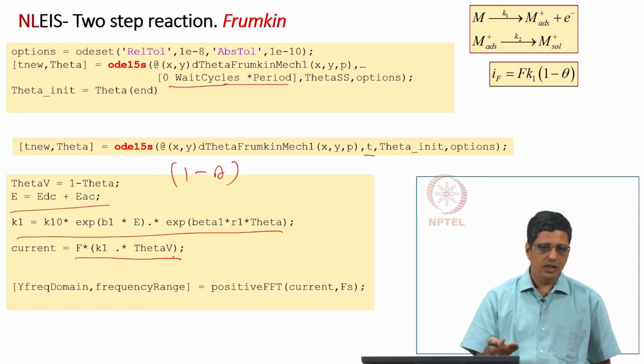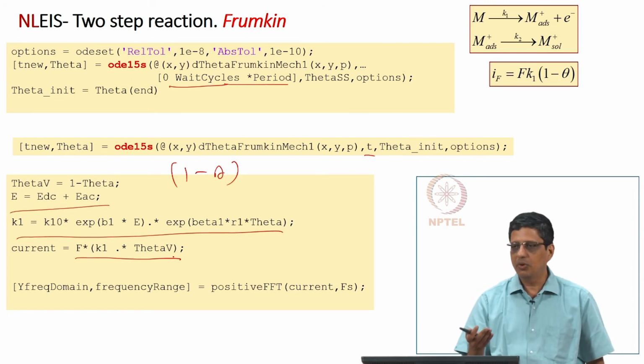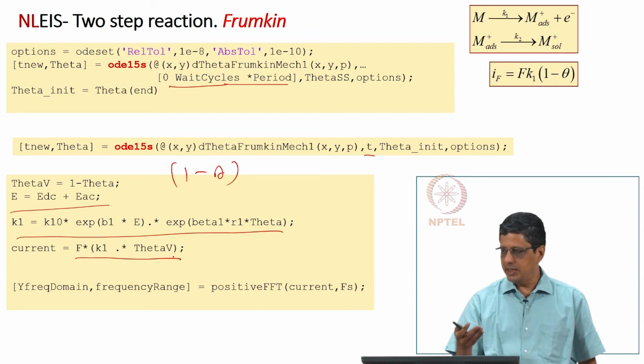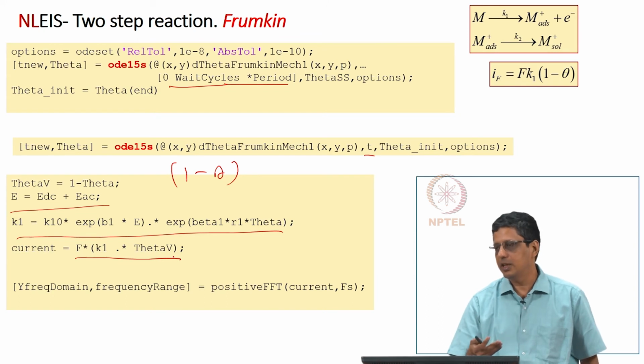In case of analytical solutions, it is possible only for small amplitude perturbation. In some special cases you might get it for larger amplitude perturbation, but by and large it is possible only in the linear regime, and that is also relatively easy to do only for Langmuir isotherm model.